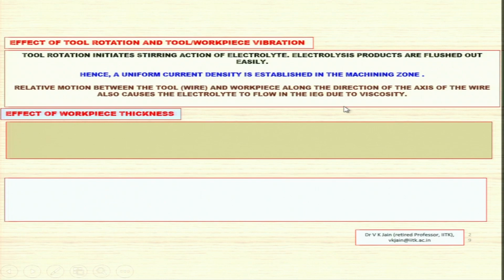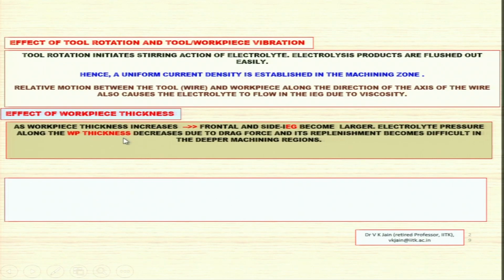What is the effect of workpiece thickness? It definitely affects to some extent the accuracy of the machined component. As workpiece thickness increases, frontal and side inter-electrode gap become larger.